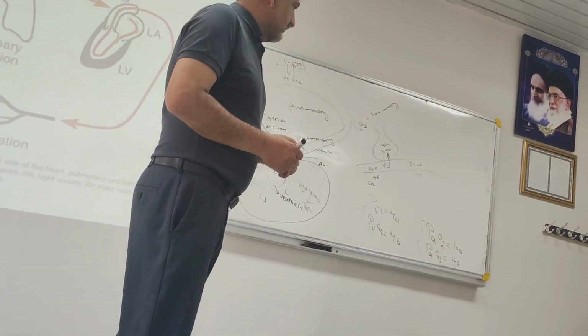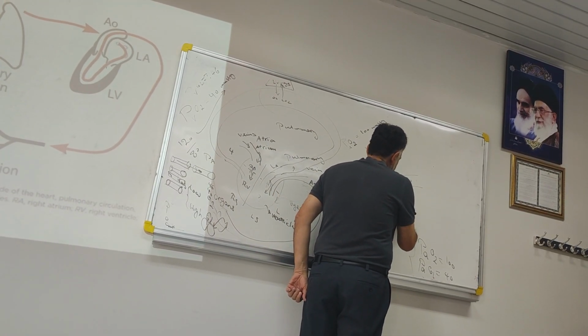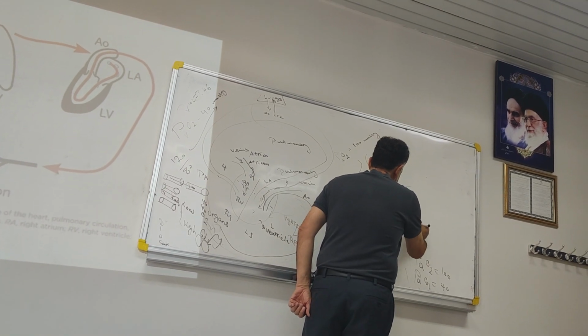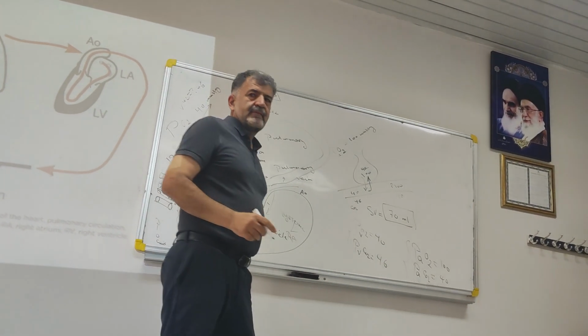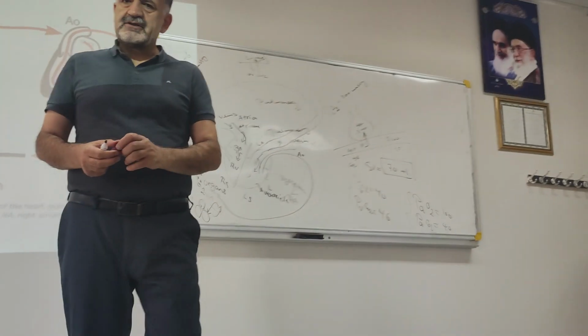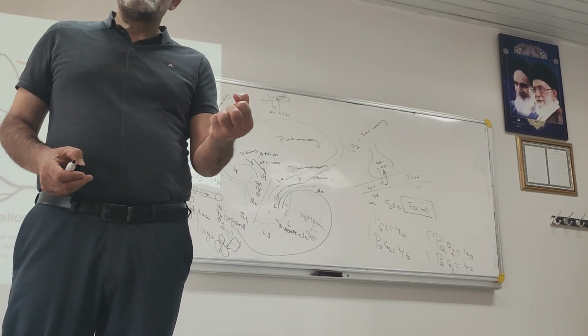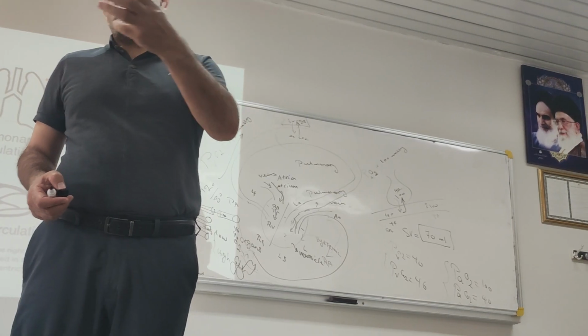Usually the amount is 70 and the unit is milliliters. Each time that your ventricle contracts, yes, it sends 70 milliliters of blood to the aorta.